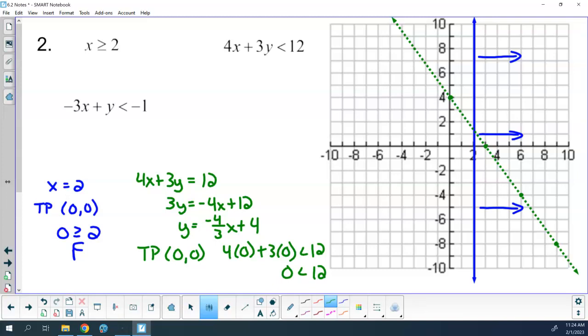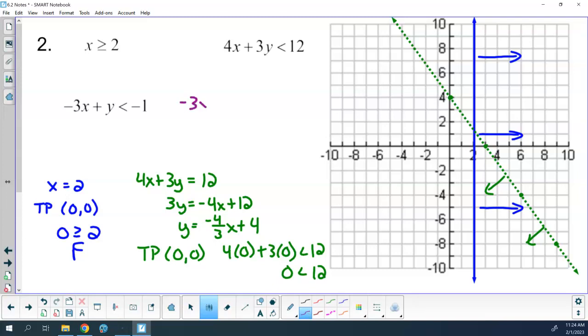That is true, so I would shade on the lower half of that one, but I'm not going to worry about drawing my arrows over in this general area. I'm only going to draw them over here because that has to be where all the arrows are. So I'm going to leave that one there.